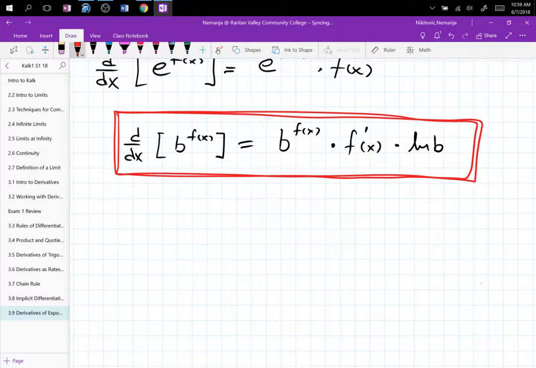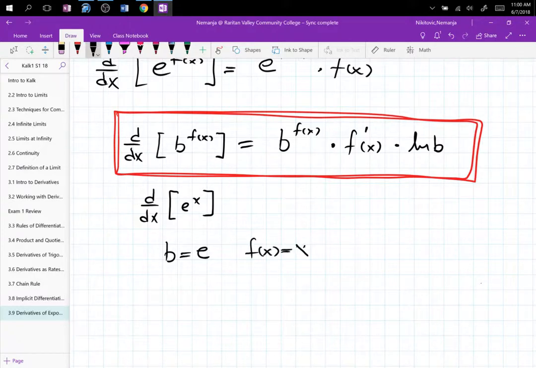So let's take a look if this formula would actually fit e to the x as we know it. Well, if we are taking the derivative of e to the x and we want to use the formula up there, we see that b is equal to e and our f of x is equal to x.